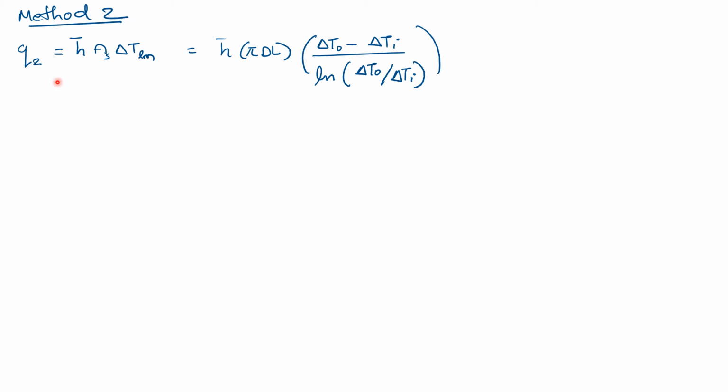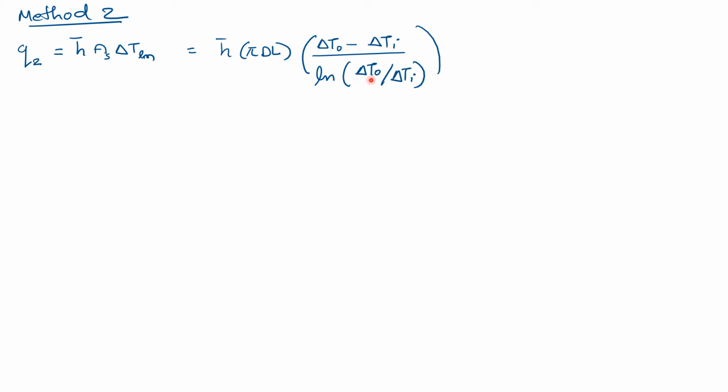This is another method that you may use based on the problem. So we'll apply this method to the same problem and see how different our solution is. We can say that our Q is equal to the average heat transfer coefficient that we calculated times the surface area of the pipe times the logarithmic mean temperature difference.